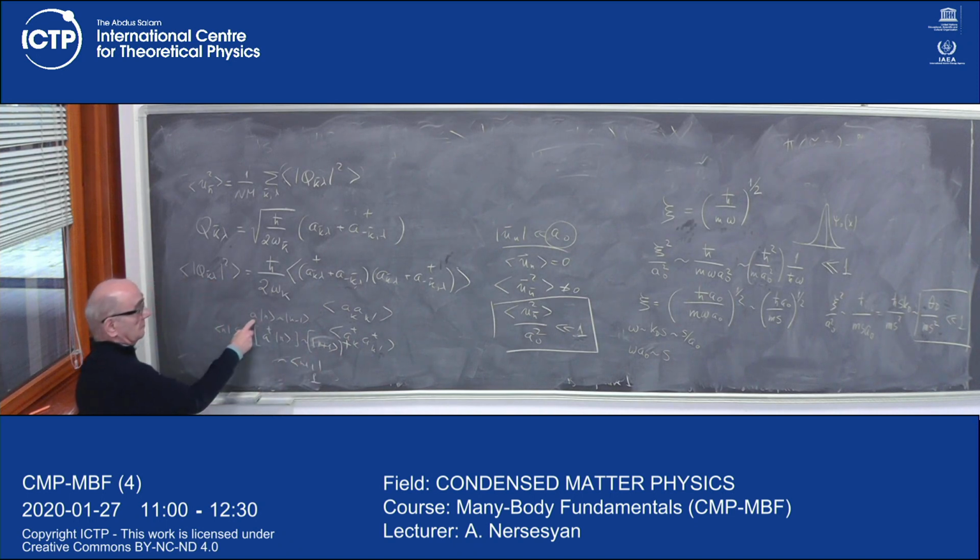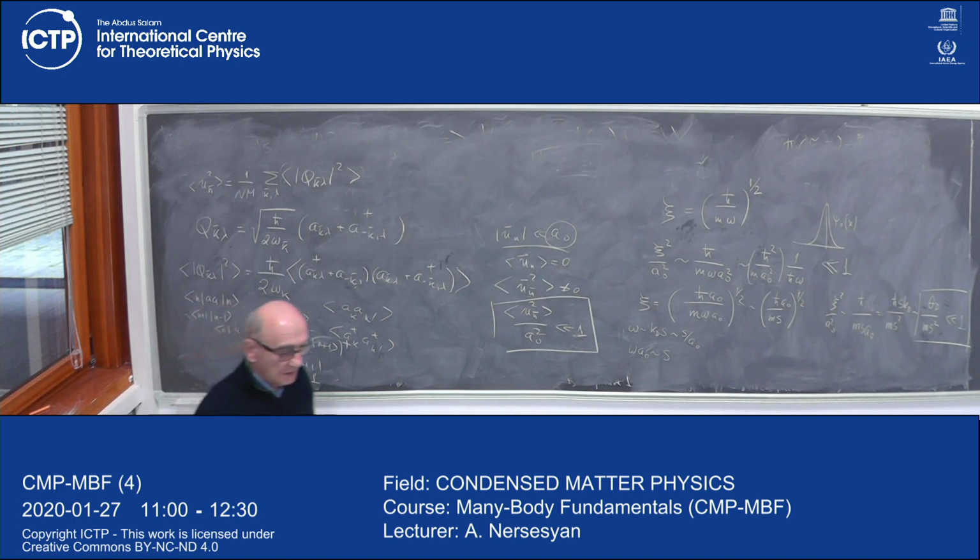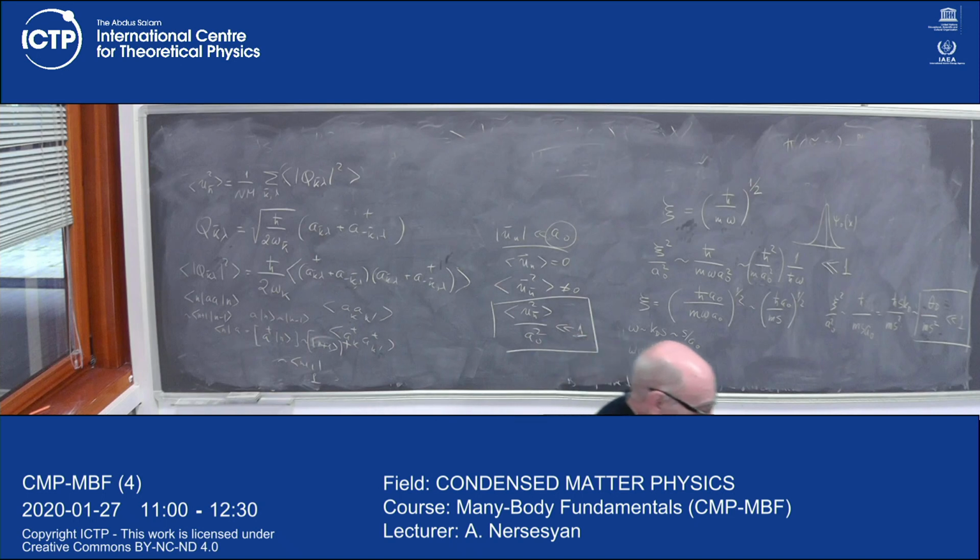And therefore the matrix element between the diagonal terms will be effectively proportional to n plus 1 and n minus 1. This is what your colleague had in mind, I believe.